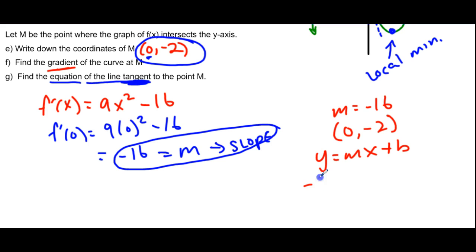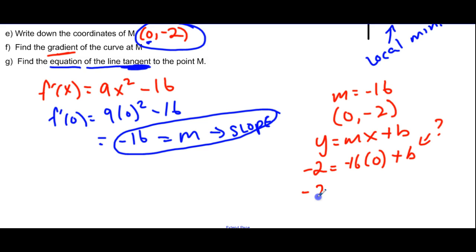Negative 2 goes in here. The slope is negative 16. The x value is 0. Plus b, this is what we want. So if we simplify this, we get negative 2 equals b. So our equation for this dotted line up here is y equals negative 16x minus 2.